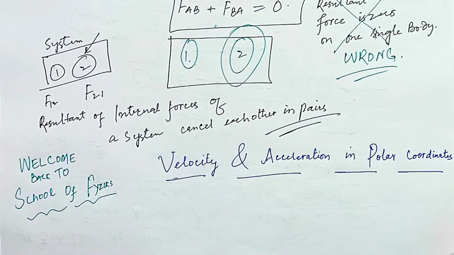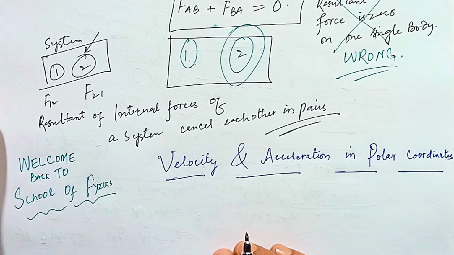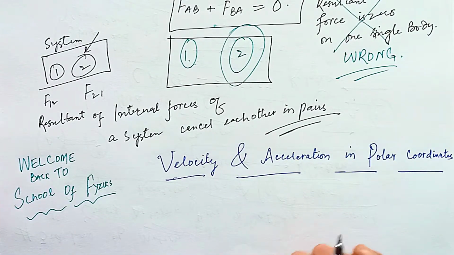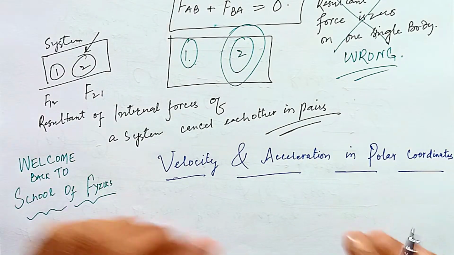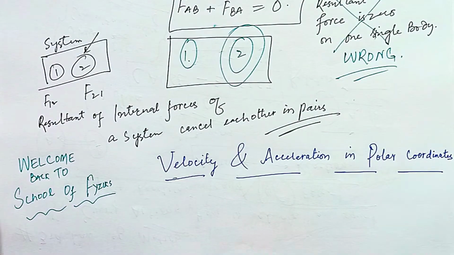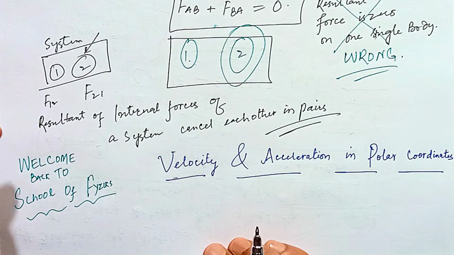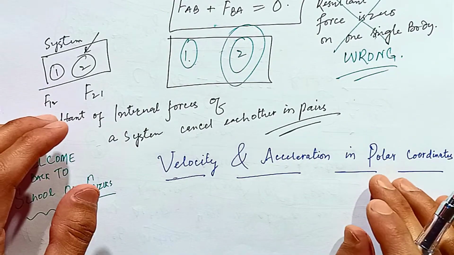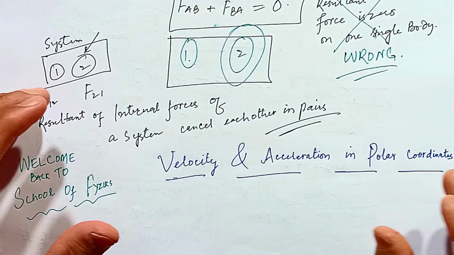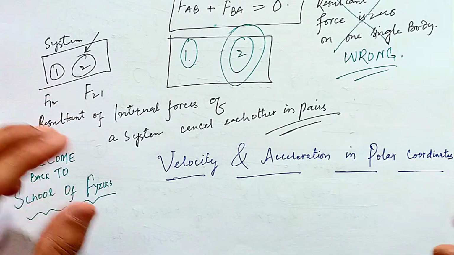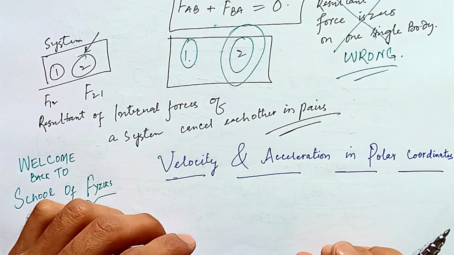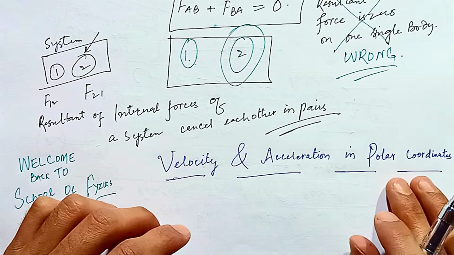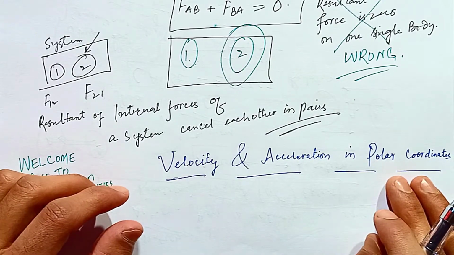Today in this lecture I'm going to discuss a few things like velocity and acceleration, as you can see, in polar coordinates. Earlier we were discussing velocity and acceleration in Cartesian coordinates only, but we know in physics it is very essential to know about polar coordinate systems also.